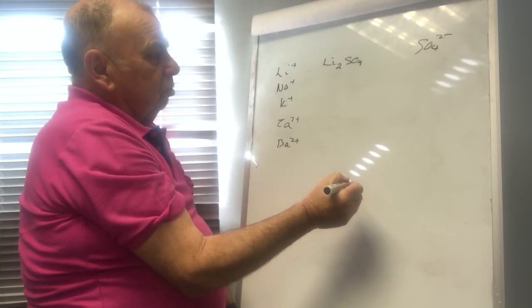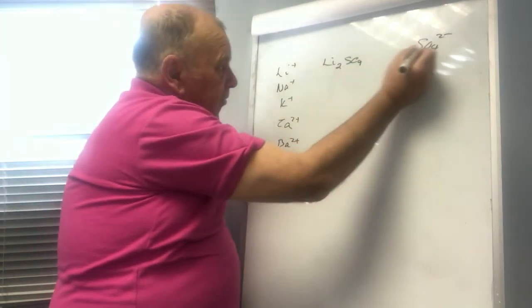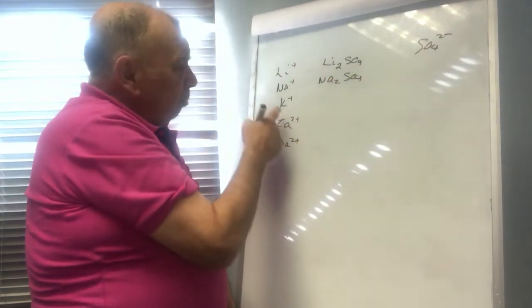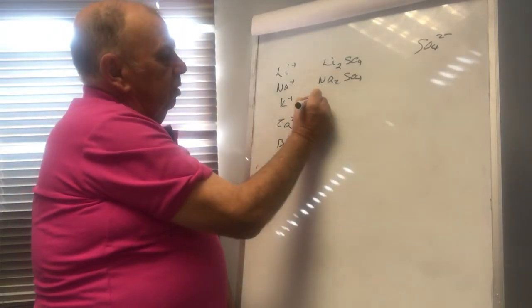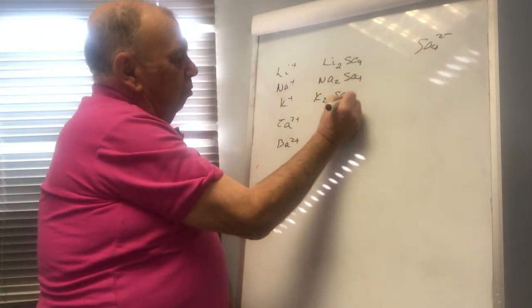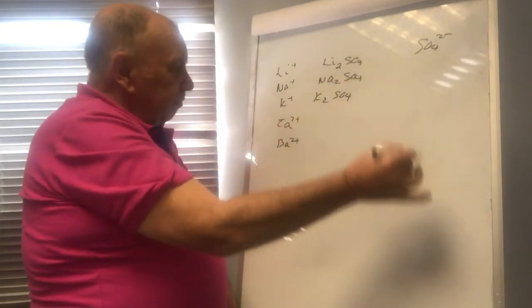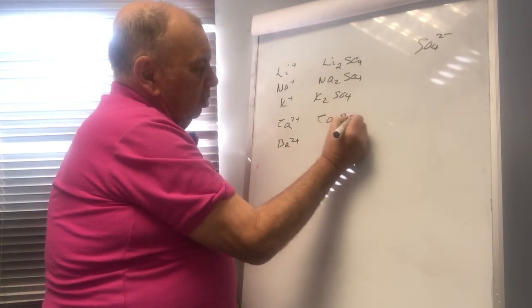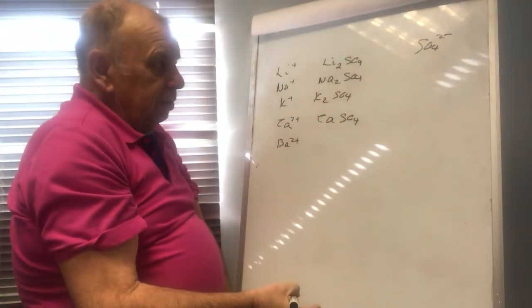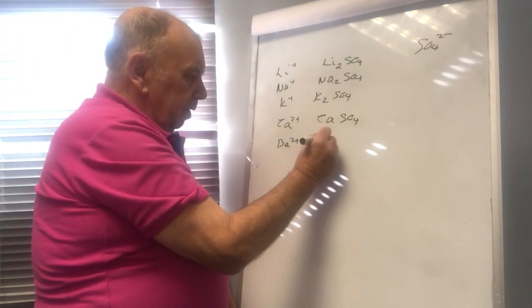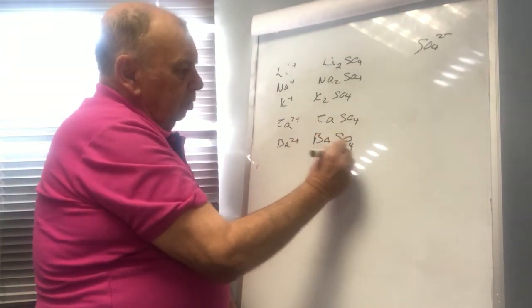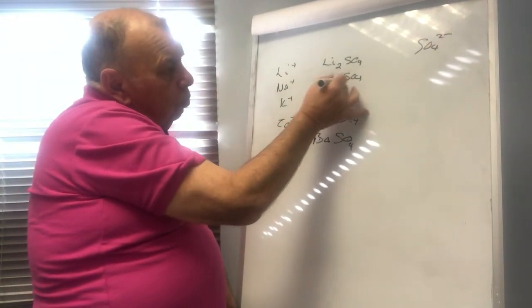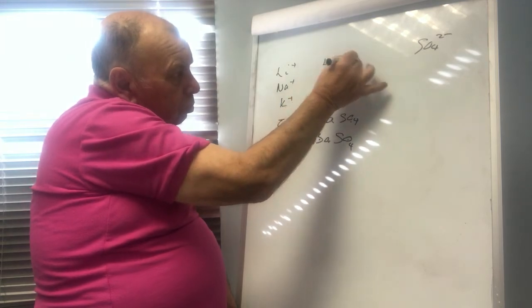Sodium sulfate next, Na2SO4. Potassium sulfate, K2SO4. Calcium sulfate, that's 2, it's therefore CaSO4, and barium sulfate, BaSO4.